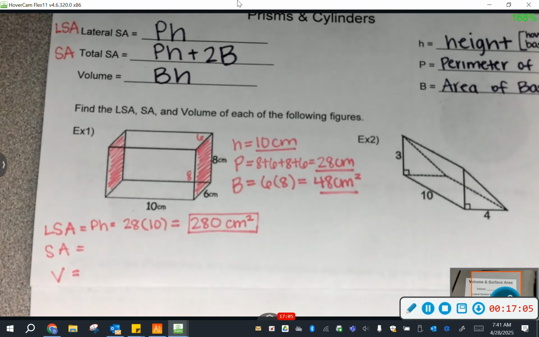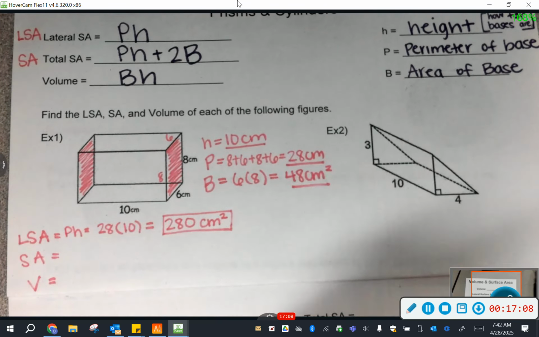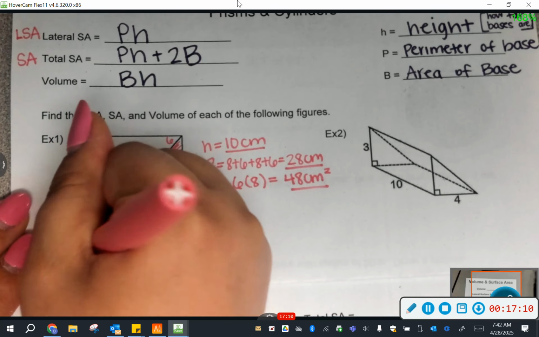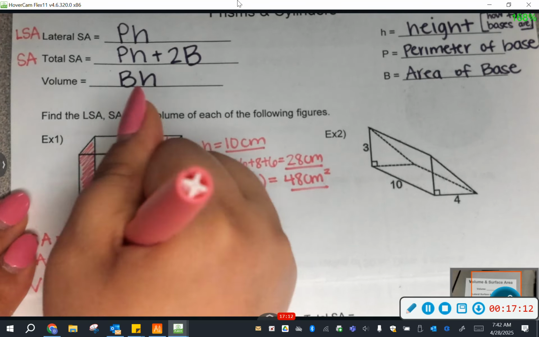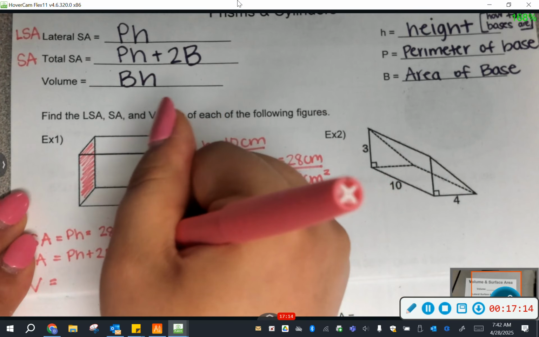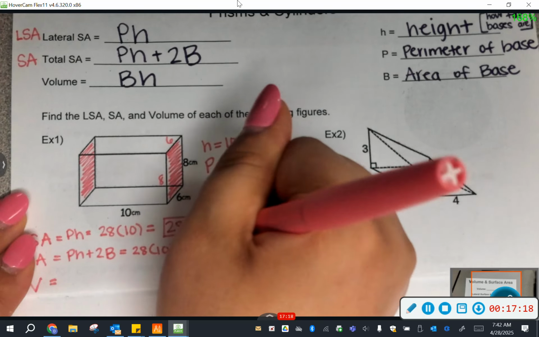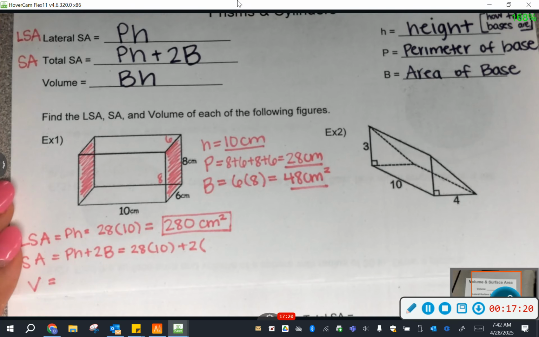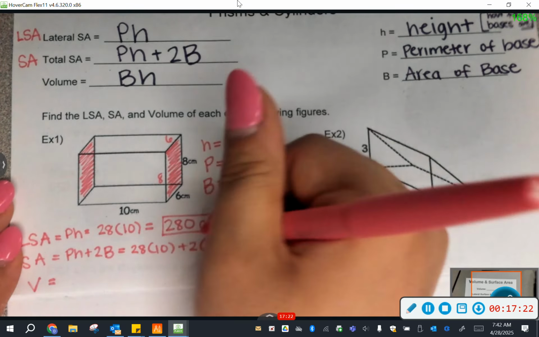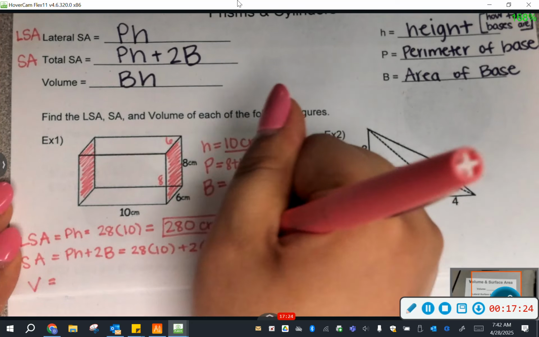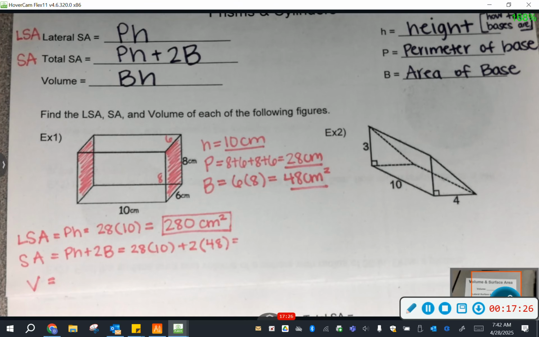What is SA? What is total surface area? pH plus 2B. So P was 28 and H was 10. Plus 2, what's my B? 48. And guys, y'all just plug that into Desmos, exactly like you wrote it down.